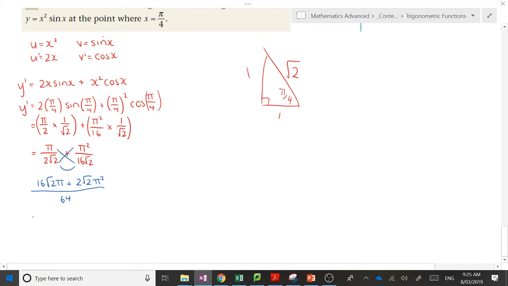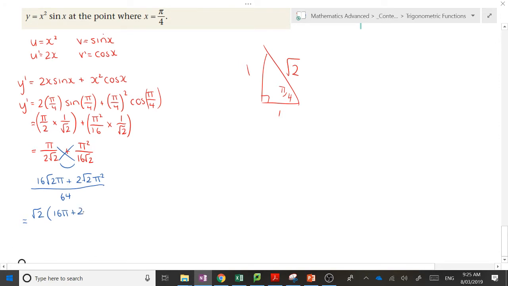I hate having roots and pis. Anyway, I'm going to take the root 2 out the front. It's annoying me. So root 2 of 16 pi. I could also take the pis out, but I don't like them next to each other.